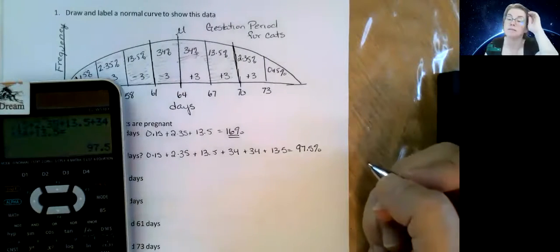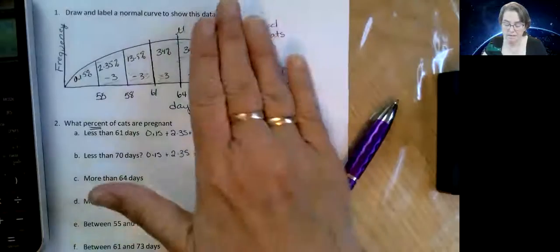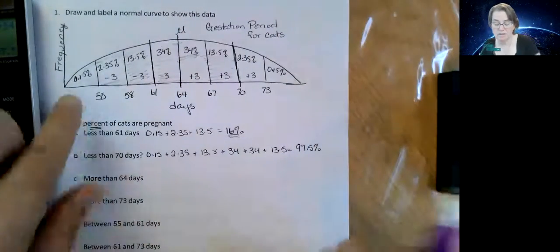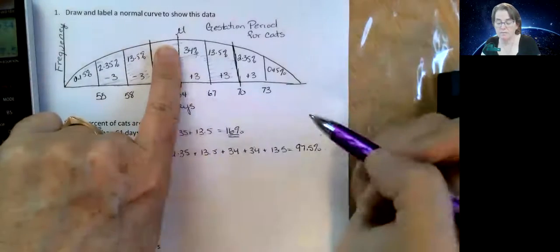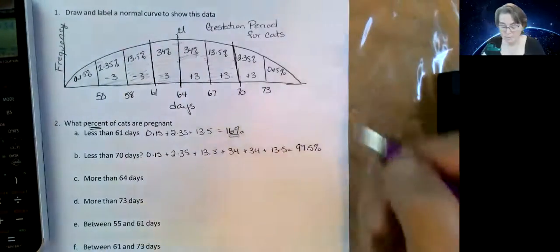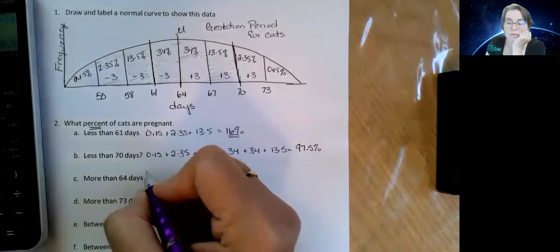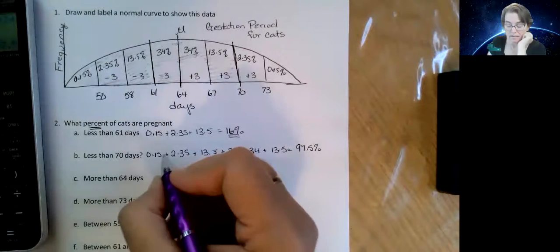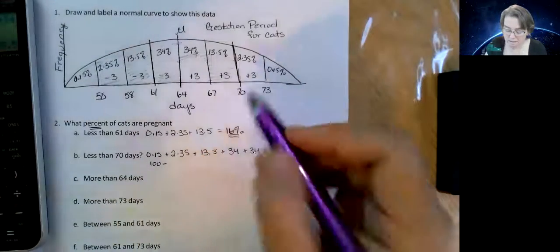Okay, so a couple other ways you could do this. One, you could recognize that the mean divides your graph in half. So you could have really just taken all this and said, okay, that's 50%, and then add on 34 and 13.5. Or some of you may think of it this way. What's the percent in the entire graph? If you got everything right on a test, what did you get? Exactly. You could do 100% minus this one.